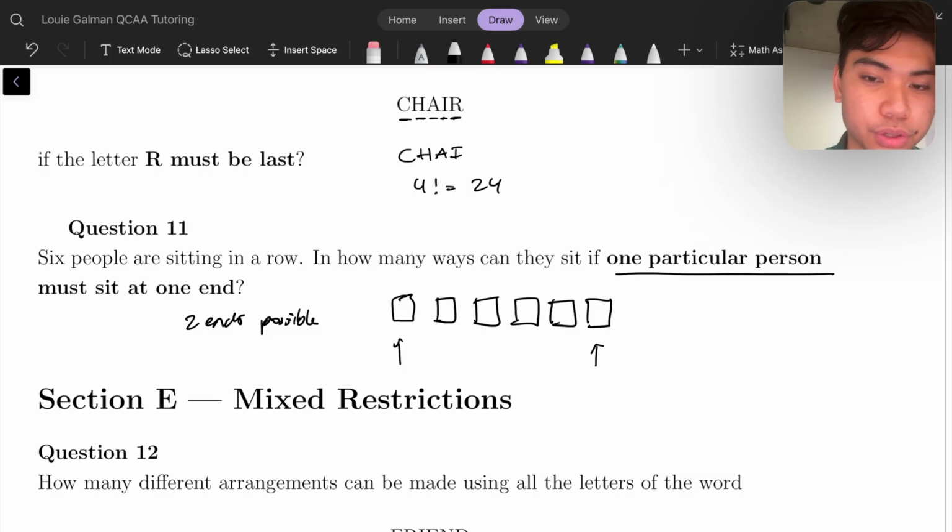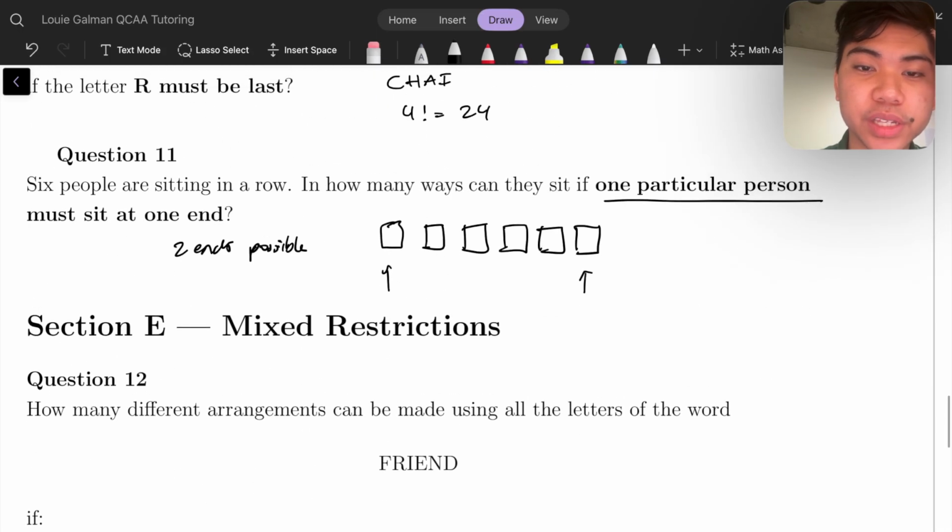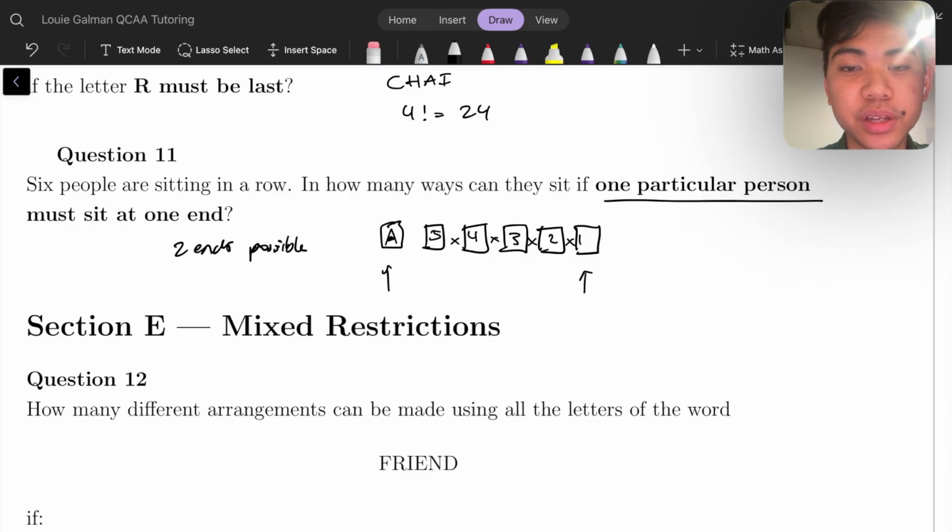However, because we're only doing a fixed position for one of these ends, let's say that our one particular person is person A. Then we're going to have the 5 other people rearranged accordingly as 5 factorial different possibilities.